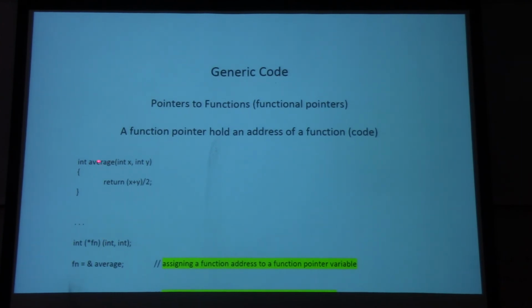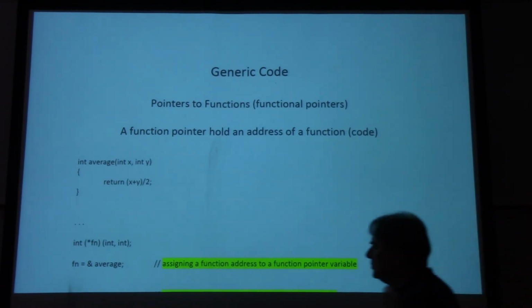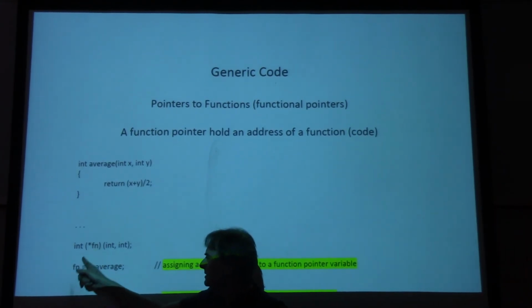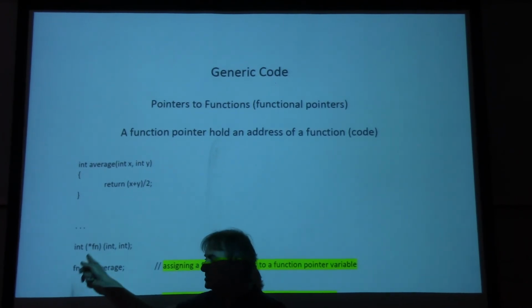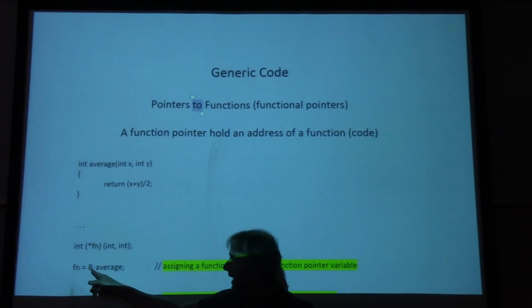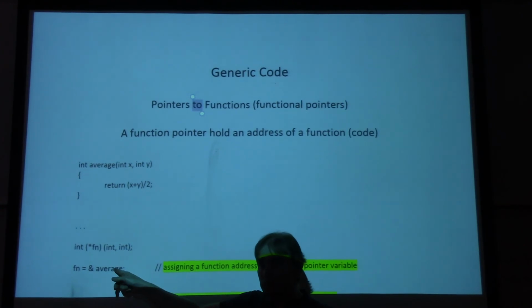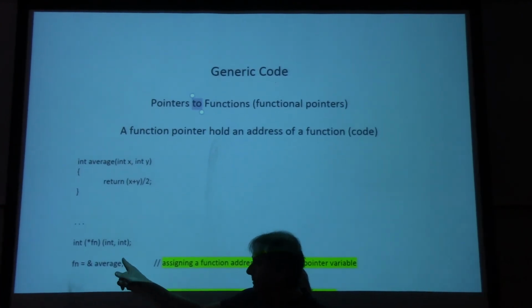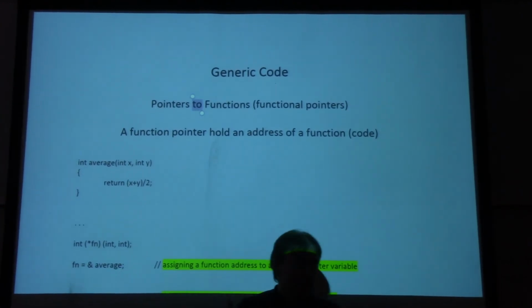Average is an actual function that fits that profile, two ints in, int out. So what I'm going to do is assign into fn, which is just a pointer, the address of the function average. Notice that I'm not using parentheses around average.